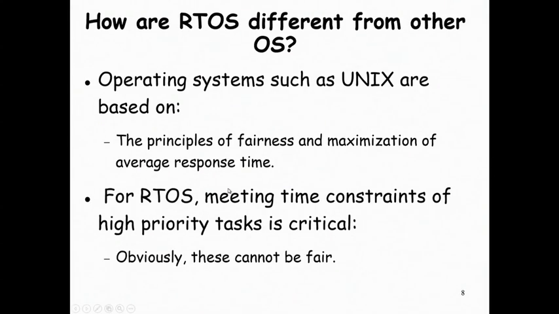But then, just to get a glimpse of what we discuss in the lectures, the first thing is that anybody will ask this question, how is a real time operating system different from the other operating systems. The first fundamental difference is that traditional operating systems are based on the concept of fairness and minimization of the average response time.